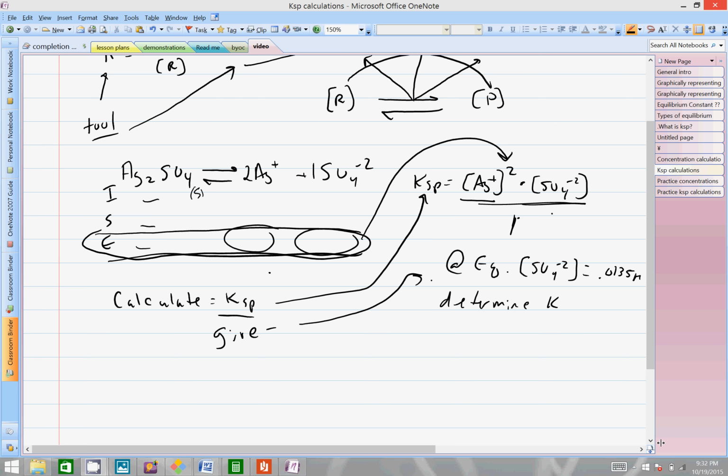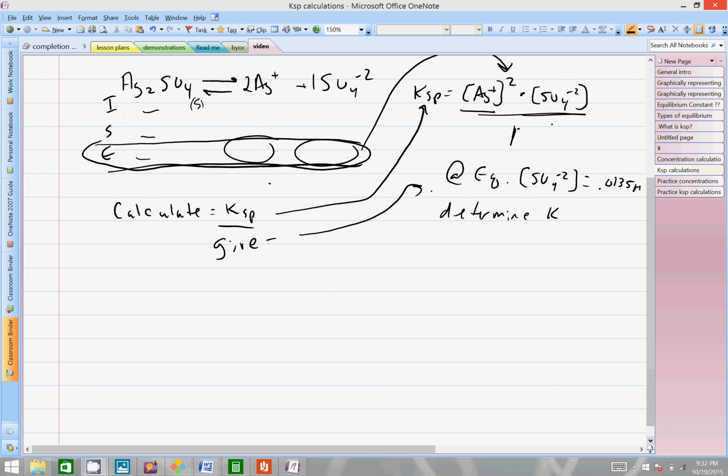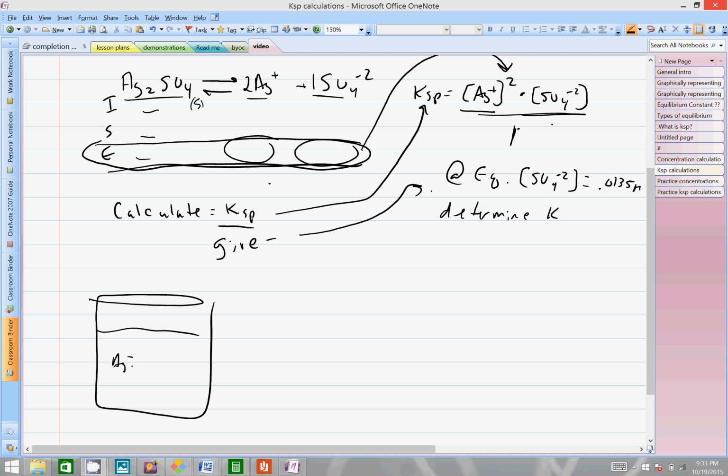Again, we're dissolving silver sulfate. So you draw a picture of this, and you should note that every time you dissolve one silver sulfate, you get 2 silvers and 1 sulfate. So the concentration of your Ag pluses is always going to be twice that of your sulfate.